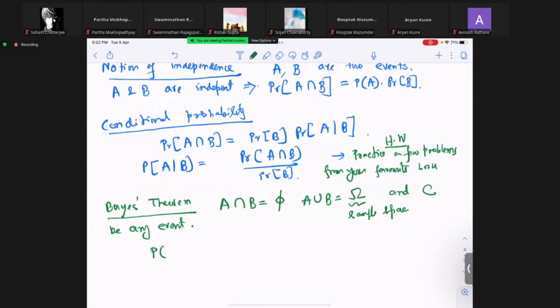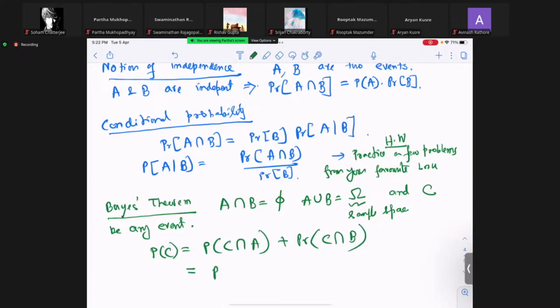Then what is the probability of C? The event C has to intersect A and B, right? Because A and B union is the whole sample space. So the probability of C is basically the probability of C intersection A plus the probability of C intersection B, because A and B are mutually exclusive.